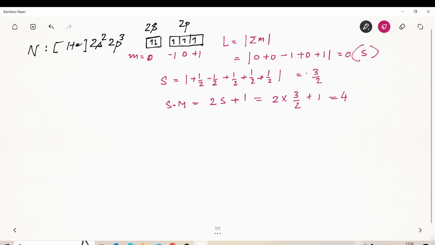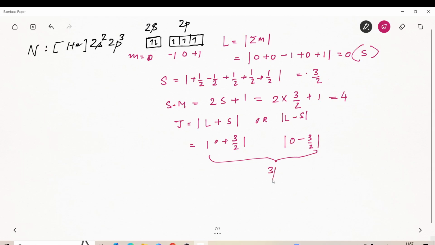Now what should be the value of J? If you want to find the value of J, look, J can have values L plus S or L minus S, the maximum value and the minimum value. When L plus S, the value of L is 0 plus 3/2, and L minus S is 0 minus 3/2, so it's basically the same. This is 3/2.